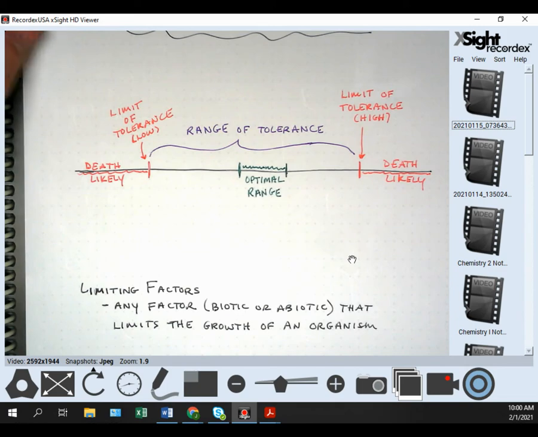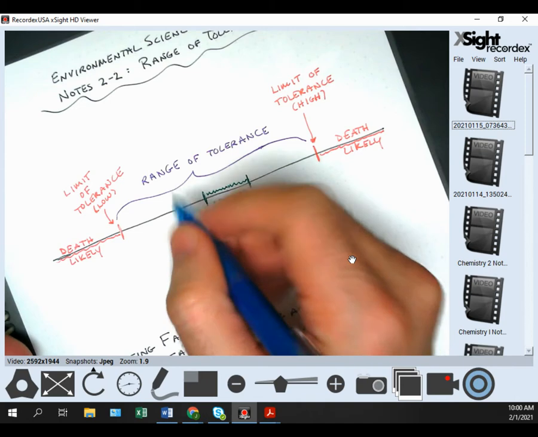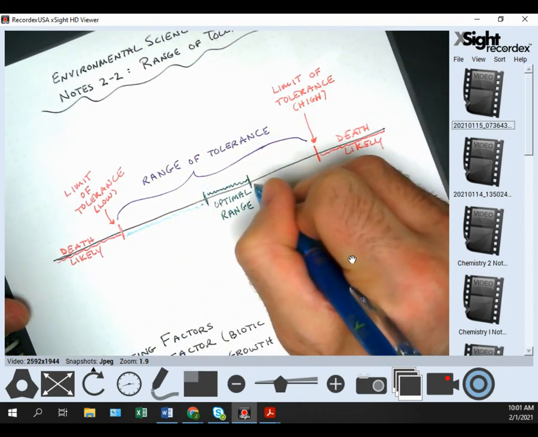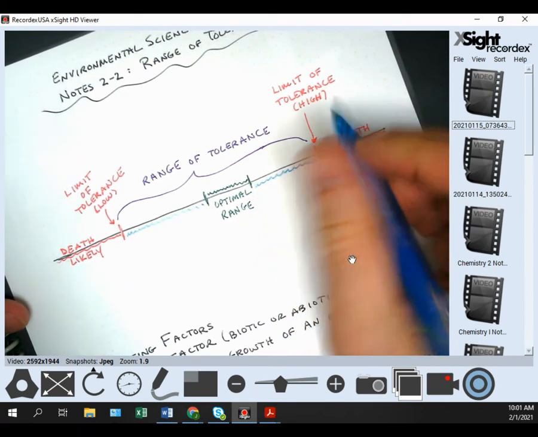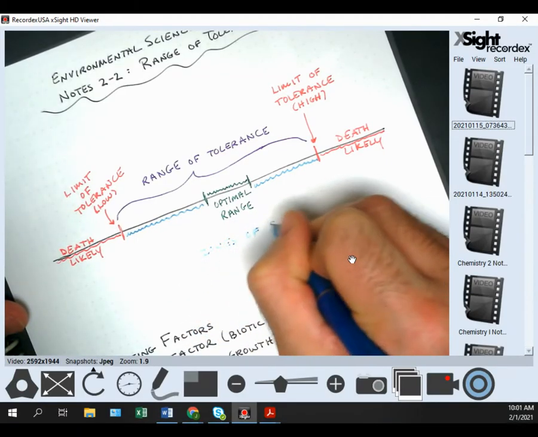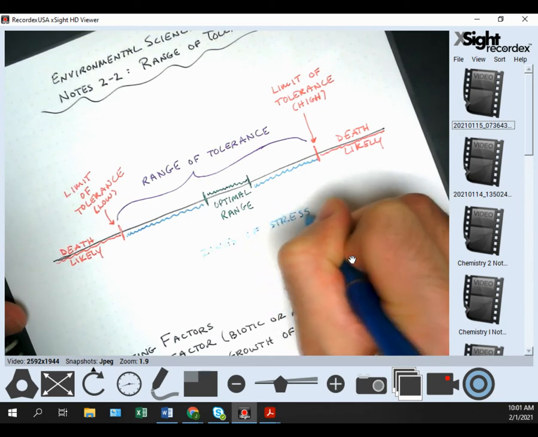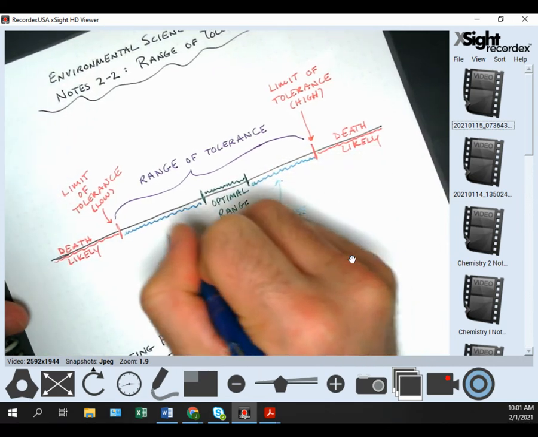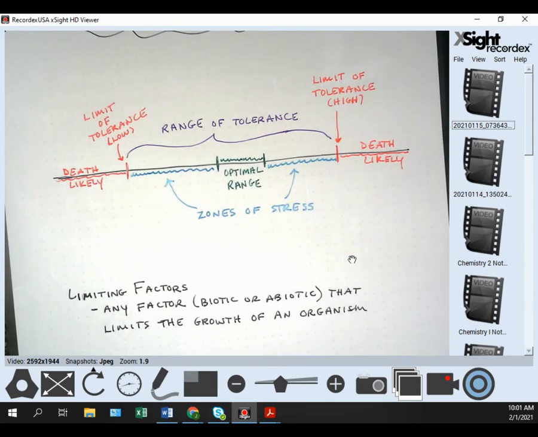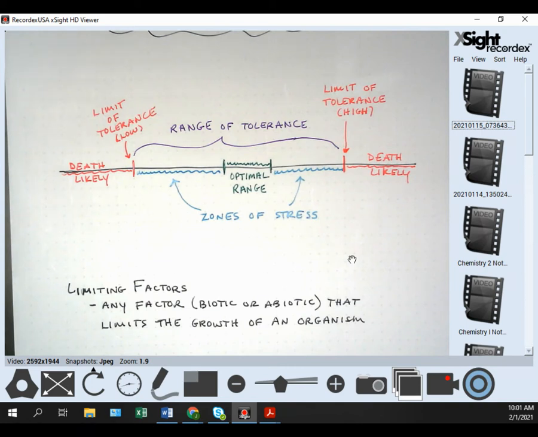So we have here the zones of stress. The zones of stress.